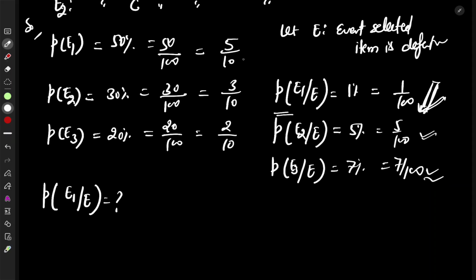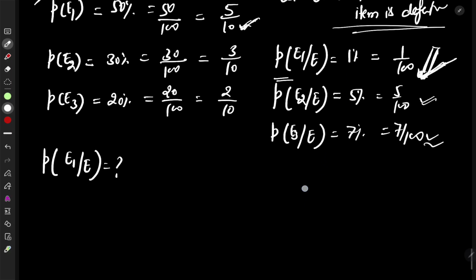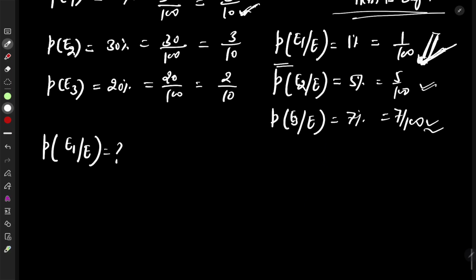You will be saying, sir, if A is working, then the probability of availability of A times the percentage of defective production. So 5 by 10 into 1 by 100. But the item may be produced by A or B or C, so total probability. And after that it is asking, tell me the probability that it was made by A, means portion probability divided by total probability, means Bayes theorem it is asking.